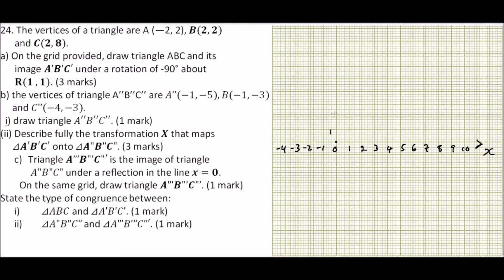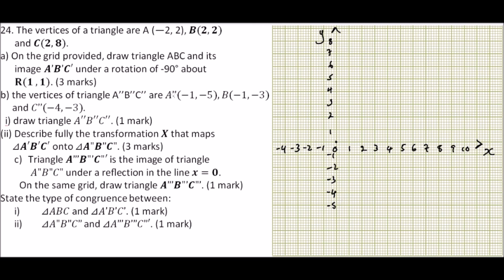Then we have 1, 2, 3, 4, 5, 6, 7, 8. So that is our y-axis. And we have the negative side, minus 1, minus 2, minus 3, minus 4, minus 5, like that.